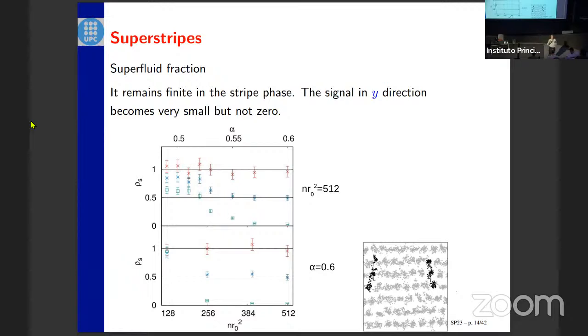But the question is if the stripes are coherent along the direction transverse to the stripes. We see that the superfluid density is small, but is not zero, and then goes to zero. So depending on the density, if the density is too large, I lose the signal. But there is a window close to the phase transition where I see superfluidity. This is also the same for another angle.